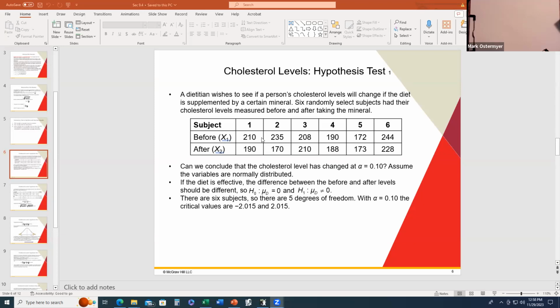In other words, it doesn't look like there's any difference between cholesterol levels before or after this particular drug or mineral supplement is taken. That's essentially what we would conclude in plain English. There does not appear to be a difference in cholesterol levels because of this mineral supplement. All righty. That makes sense there? That's a matched pairs hypothesis test there.